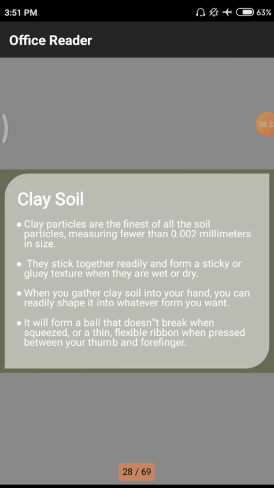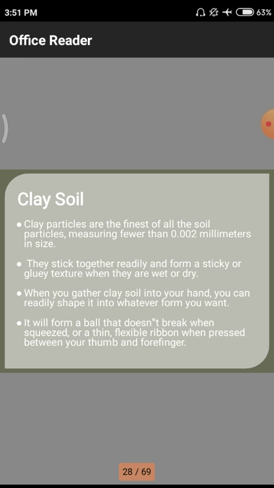Next one, we are having clay soils. These clay particles are finest among all the soil particles, measuring less than. Normally we are having sandy soils ranges from 0.05 to 0.10, and the silty soils ranging from 0.002 to 0.05.